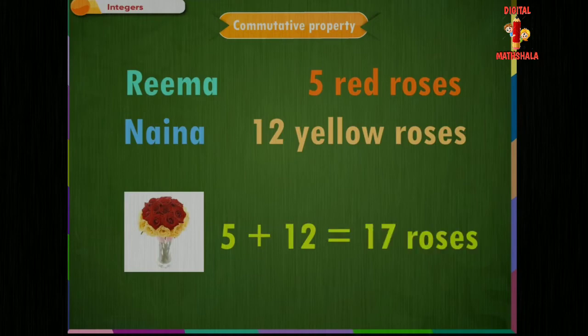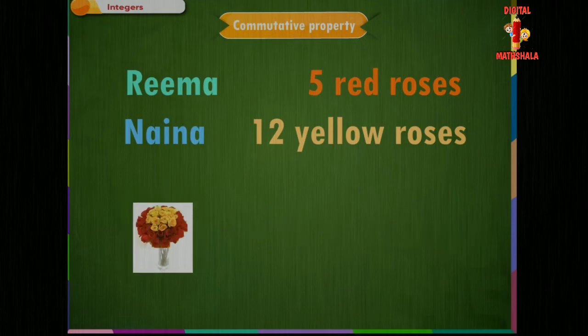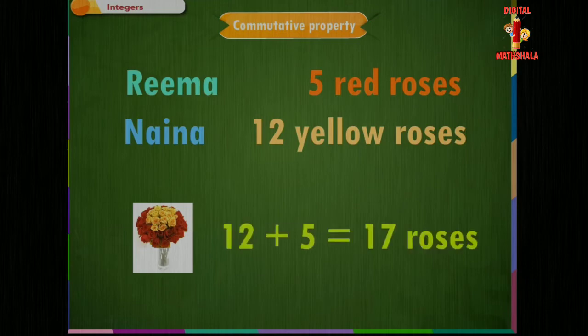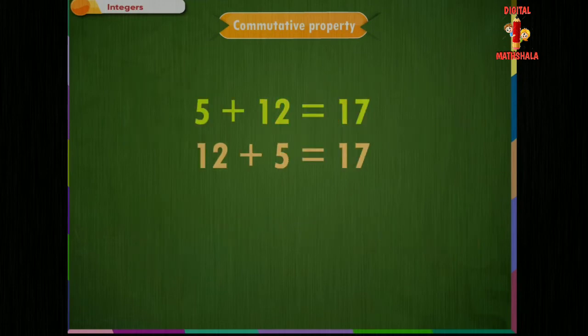If Naina would have put her flowers first in the vase, then also the total number of roses in the flower vase is 12 plus 5 equal to 17. So we see that even after interchanging the position of the addends, we get the same sum. This property is named as commutative property.